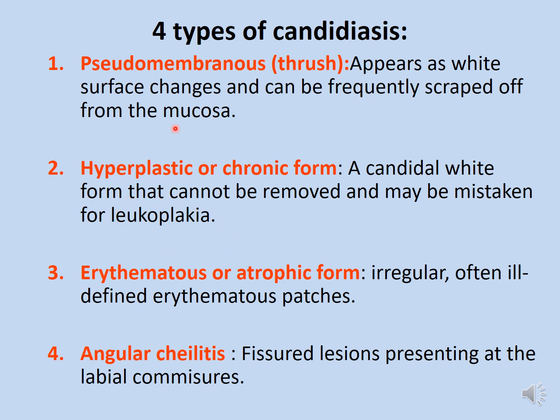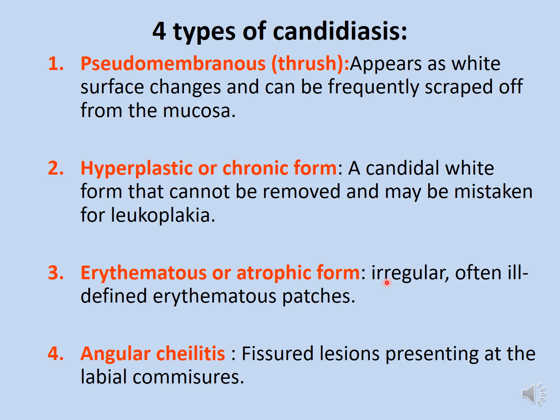Here we are using the term leukoplakia because we have a white patch in the mouth which is because of candida, and it is a patch that cannot be scraped off. So the difference between pseudomembranous and hyperplastic forms is that pseudomembranous can be scraped off, but hyperplastic cannot be scraped off.